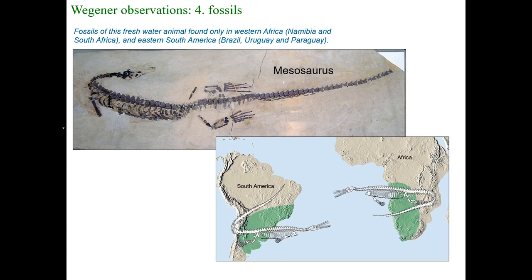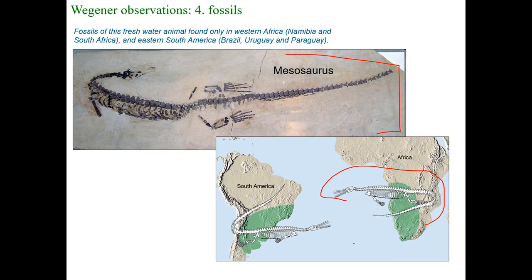This little guy is called Mesosaurus. It's kind of hard to tell from this picture how big he is, and of course they make him look really big here, where he's the size of a continent. But Mesosaurus was pretty small, maybe the size of an iguana. He was a swimmer, but he wasn't a big animal.